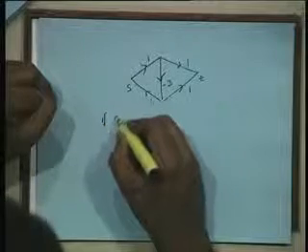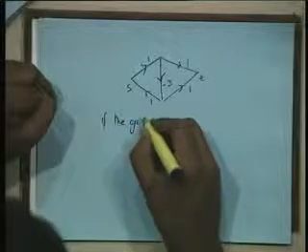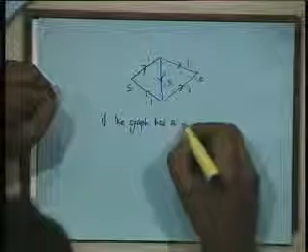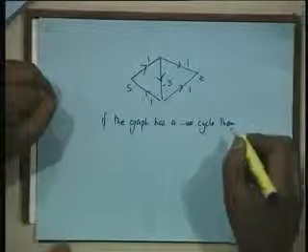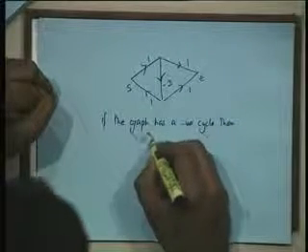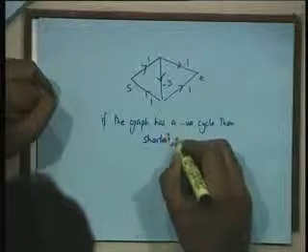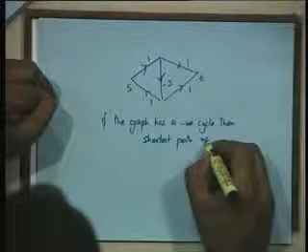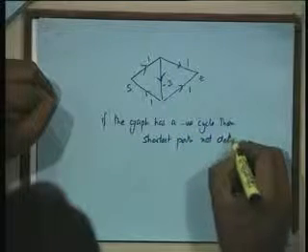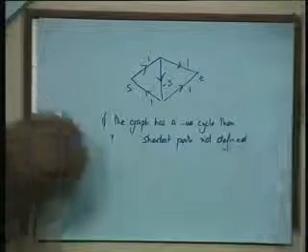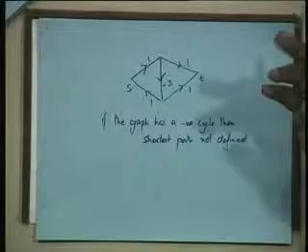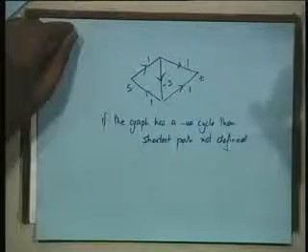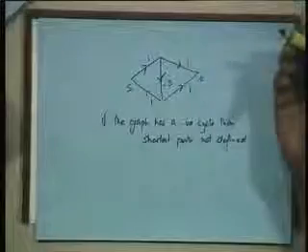So if the graph has a negative cycle, then the shortest path is not defined, or there is no notion of a shortest path anymore, because the length of the shortest path could be minus infinity. But this graph need not have a negative cycle.